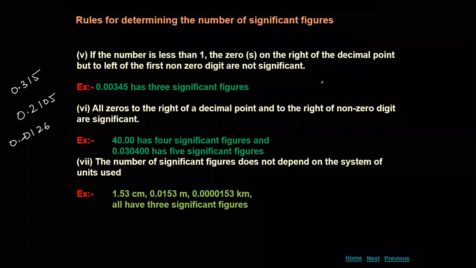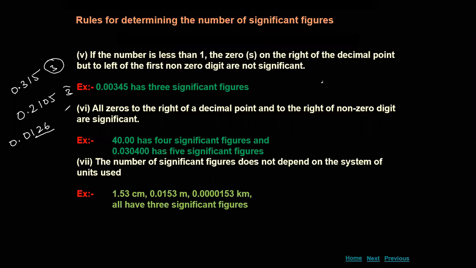If it is there after the decimal, no problem, but when the overall value is less than 1, we should check whether the 0 is before a non-zero digit or after a non-zero digit. It is before a non-zero digit, that's why it is not significant. Again, significant figures are 3 only. Here it is 3, here it is 3, here it is 3.